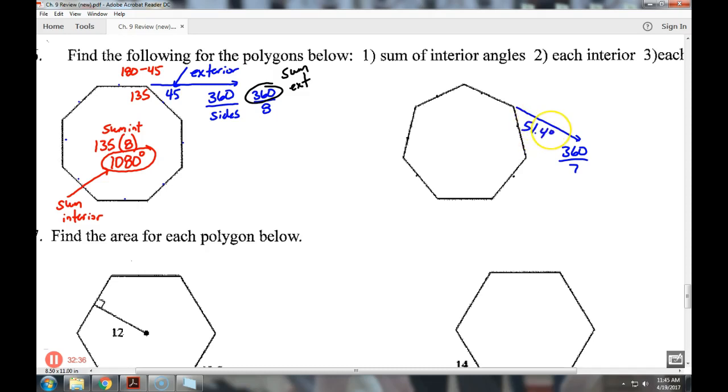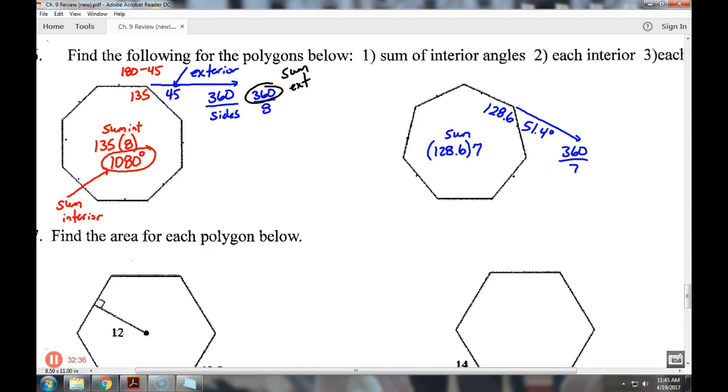Hope he's telling me the truth. So that's the exterior. Subtract from 180. That'll give me 128.6 for the interior. And then for the sum, I have to do 128.6 multiplied by 7.